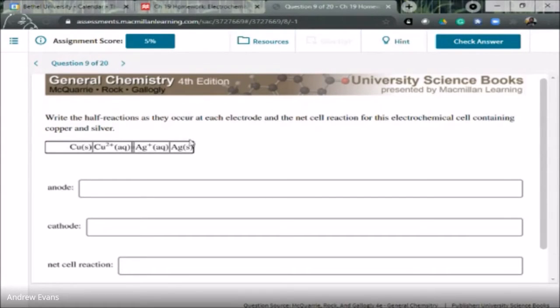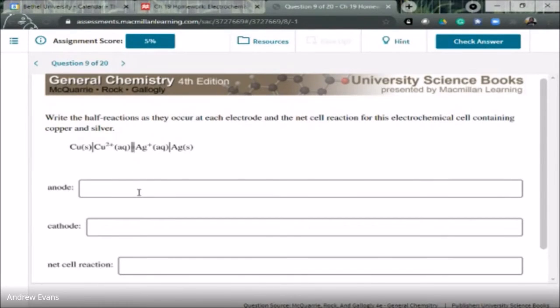Silver goes to silver solid. I'm just reading left to right. The single line is like an arrow, and the double line tells us that's the separation of those two half reactions.